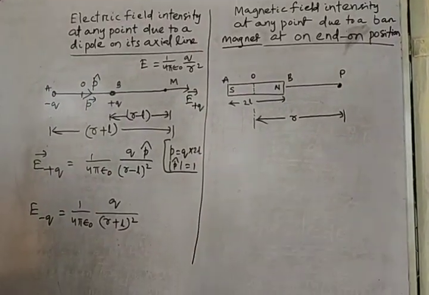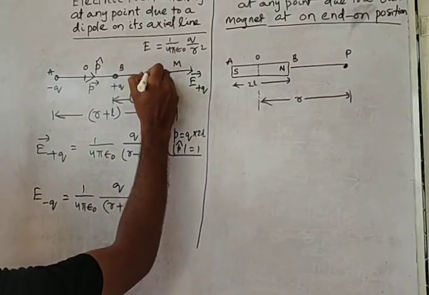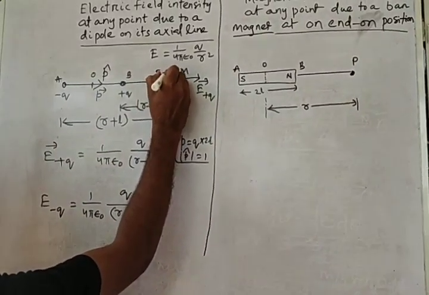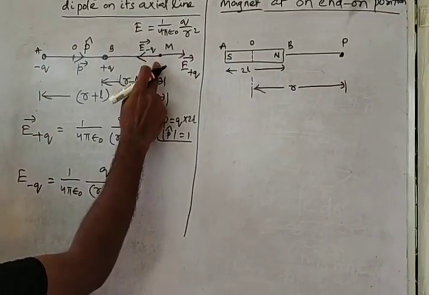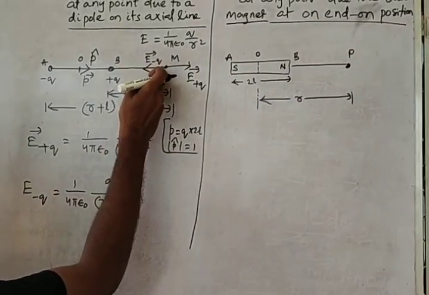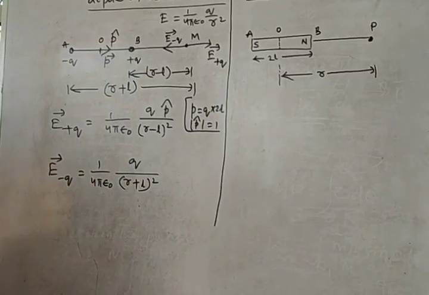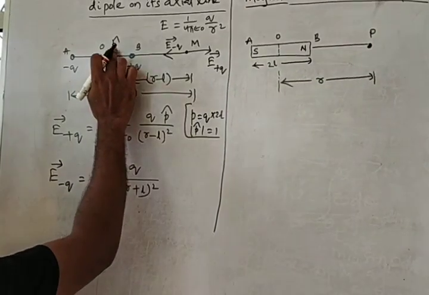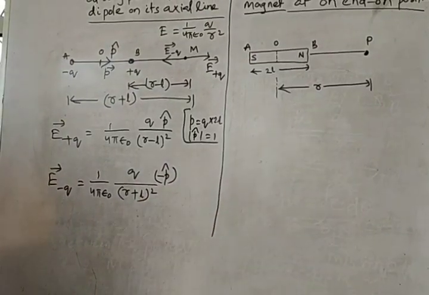As I mentioned in my previous videos, the direction of electric field intensity is always towards a negative charge. For the minus Q charge, the electric field at M is directed from M towards the left side. This is exactly opposite to the direction of P cap. That's why I am taking minus P cap.